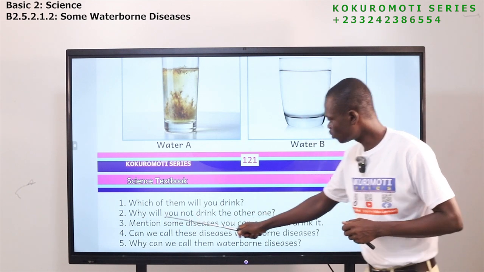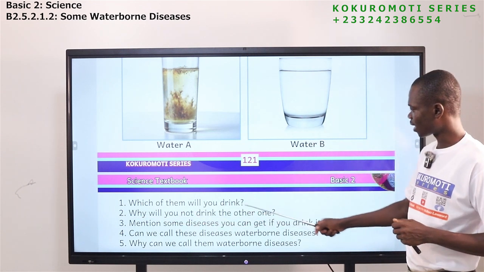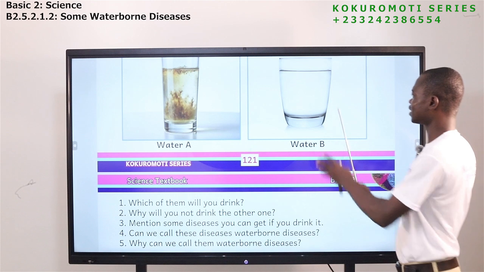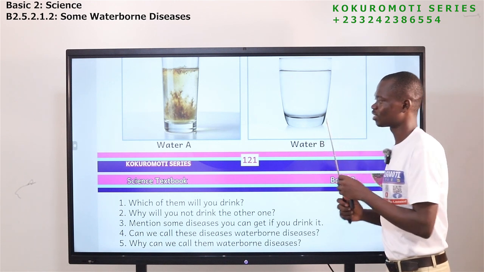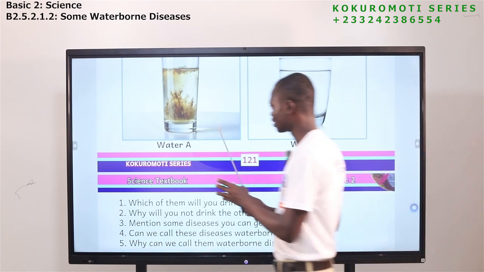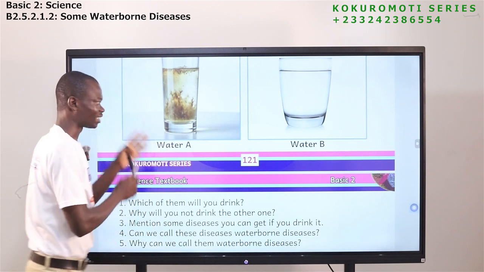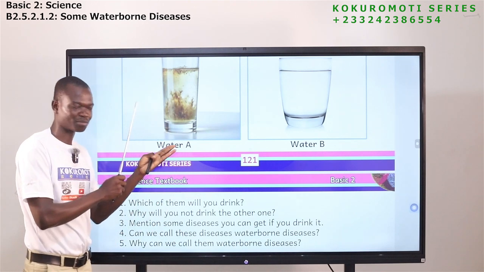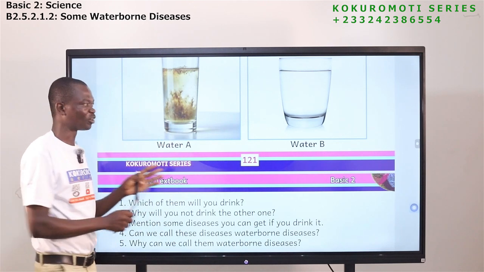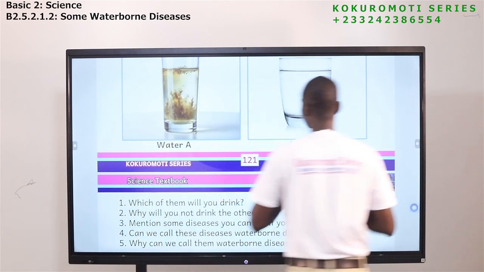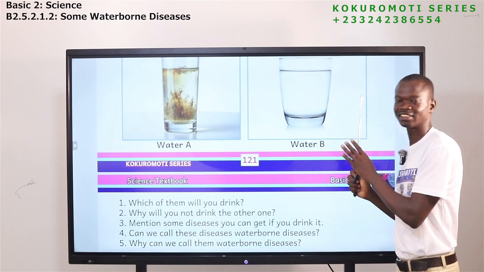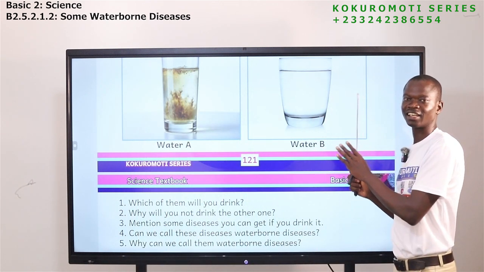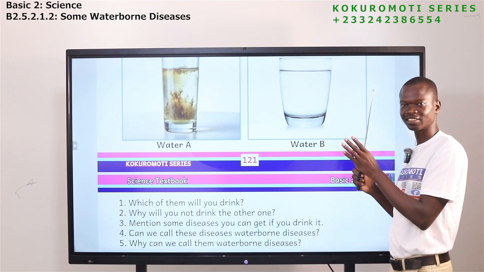2. Why will you not drink the other one? So if I decide to drink this, the question is, why? Is it that I will not go for this one, but rather this? I'll go for this because this is clean. It doesn't have any color.